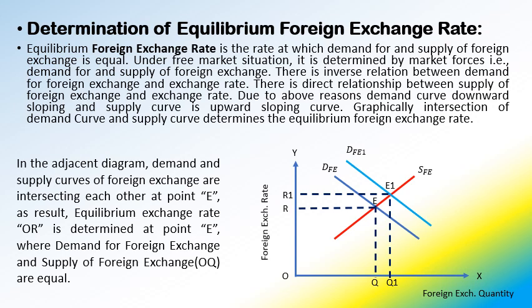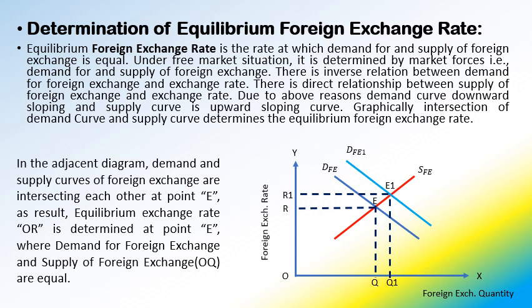Sometimes the question comes: if the equilibrium exchange rate is determined at a point E, and from that point demand or supply is increased, then how will it affect the equilibrium rate and equilibrium quantity? You have to show it. If demand is increased, you shift rightward. If demand decreases, you shift leftward. If supply increases, you shift the supply curve rightward.